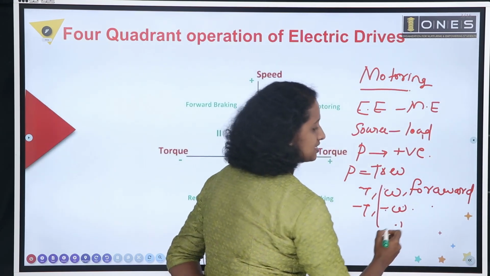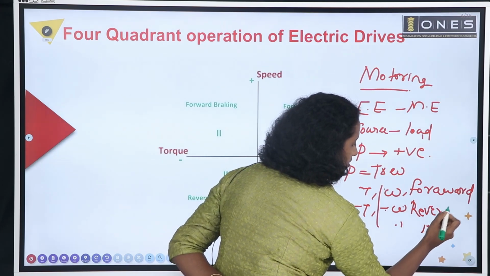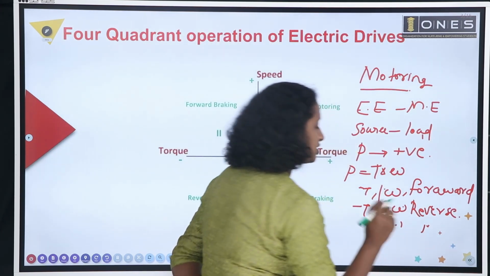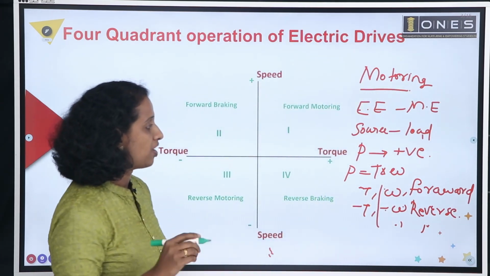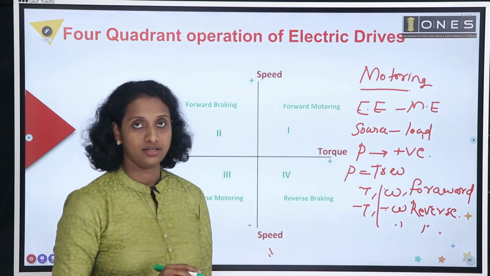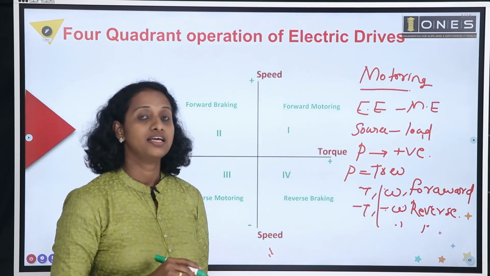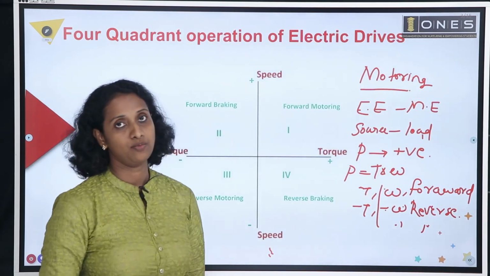Negative speed is considered as reverse. So, if speed is positive and power is positive, then it is forward motoring. If speed is negative and power is positive, then it is a reverse motoring mode.